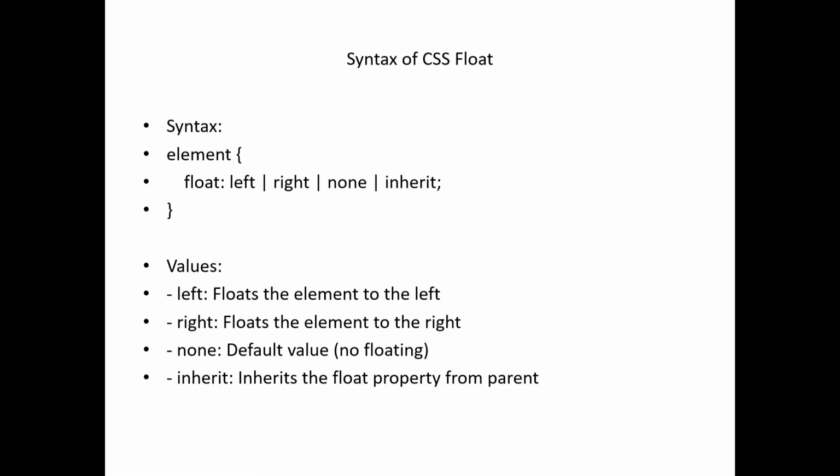When you give the float value as left, the content goes to the left side. When it is right, it comes to the right side. None is the default value. Inherit inherits the float property from the parent.